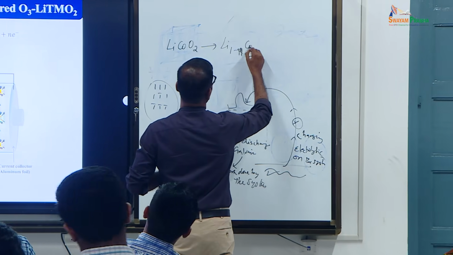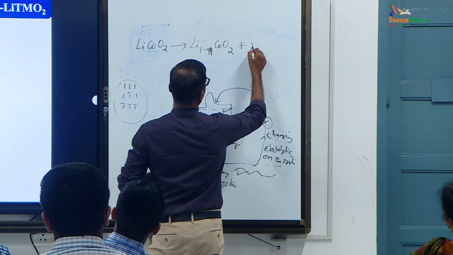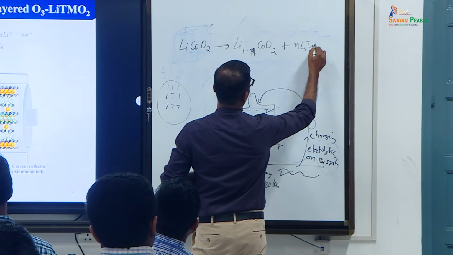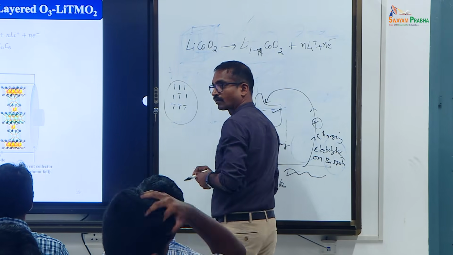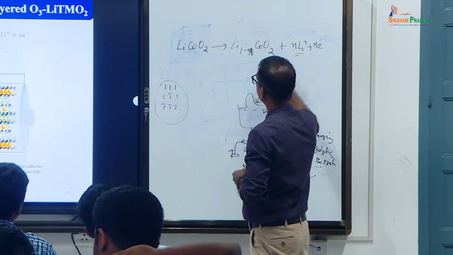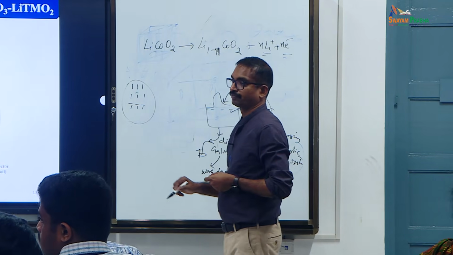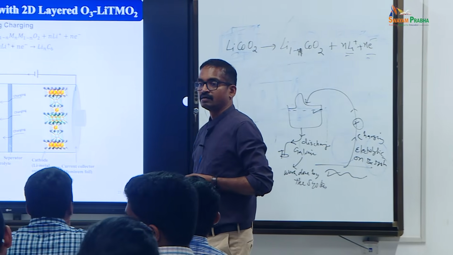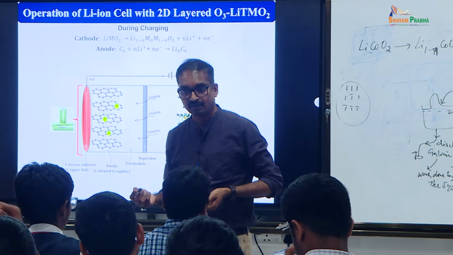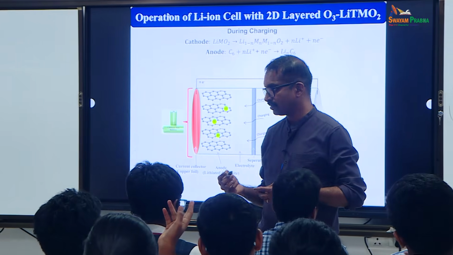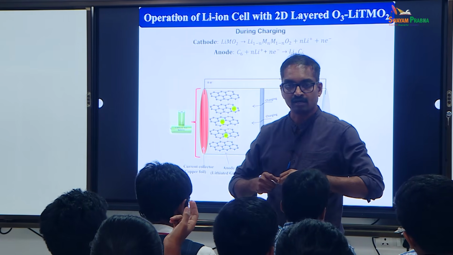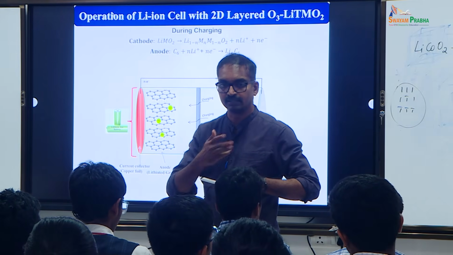N lithium cobalt oxide gives N lithium plus N electron. Lithium came from the structure. Where does this electron come from? Because lithium is already Li plus. Where does the electron come from? Oxygen, or who else is there?